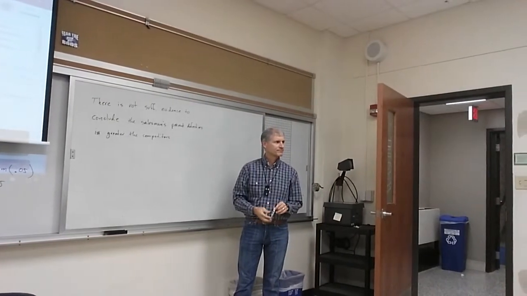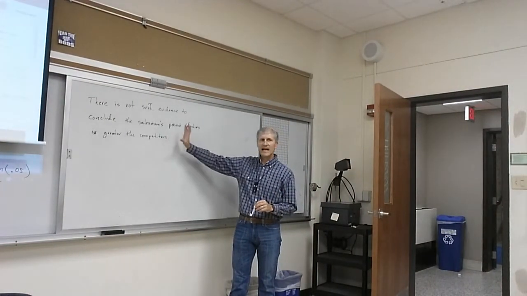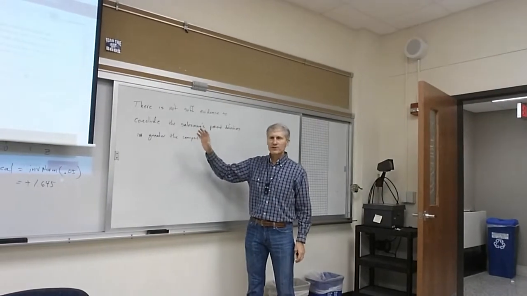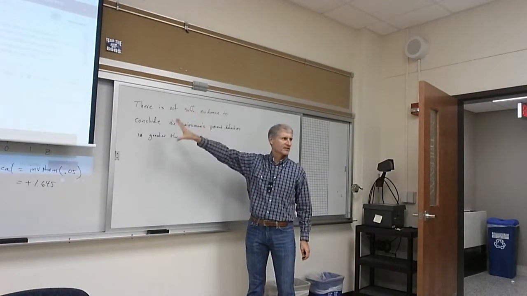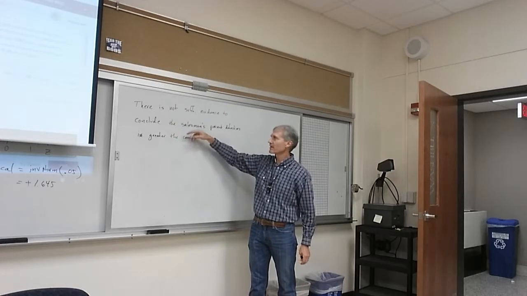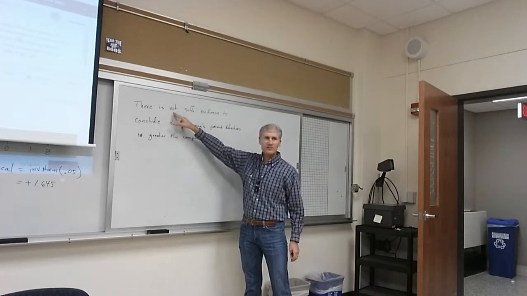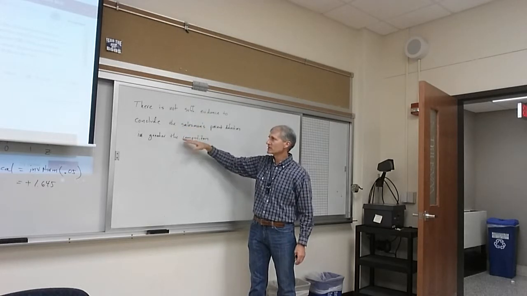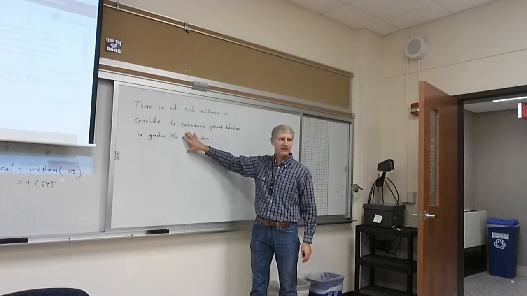Okay? You don't have to word it exactly like that, but the main thing I'm looking for is that you address the context of the problem in the correct manner, and you either say there is sufficient evidence or there is not, depending on what your p-value is, and you write the alternative value.